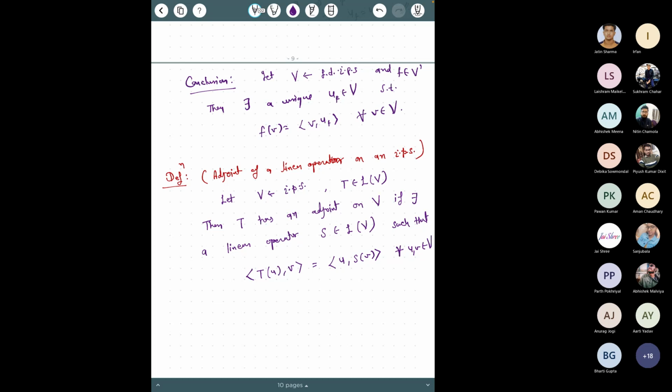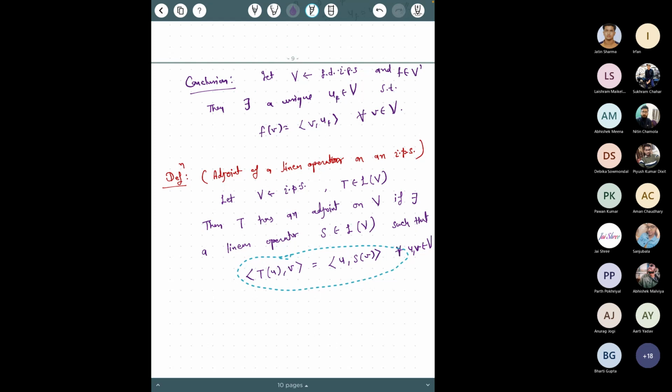So this is the definition of an adjoint: if we have an inner product space V and a linear operator T, then T has an adjoint on V if there exists a linear operator S on V such that this expression is true.